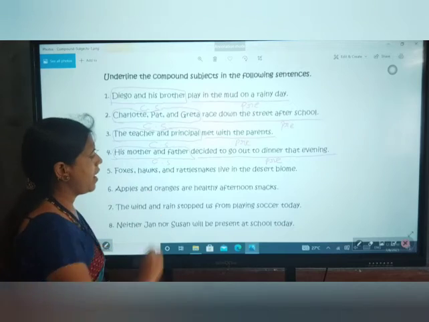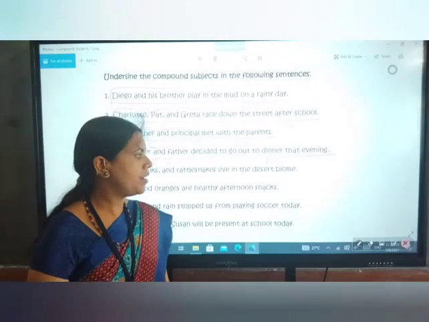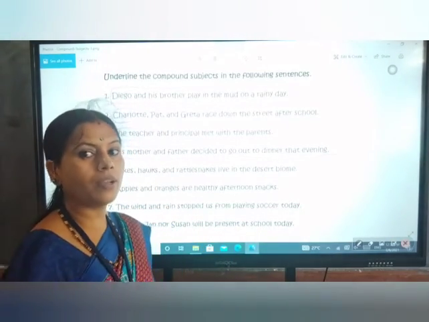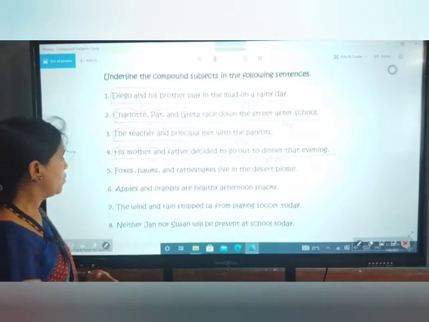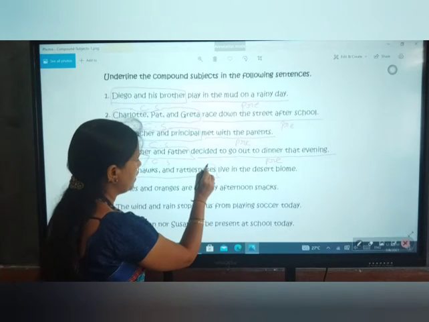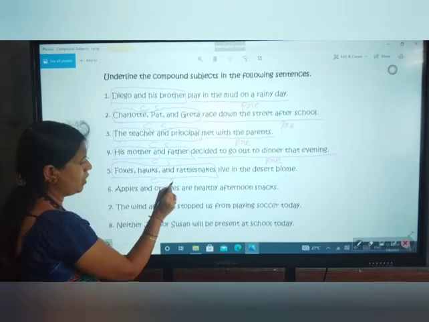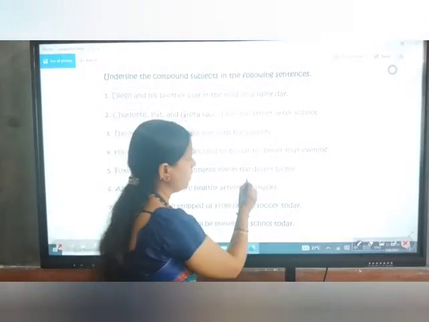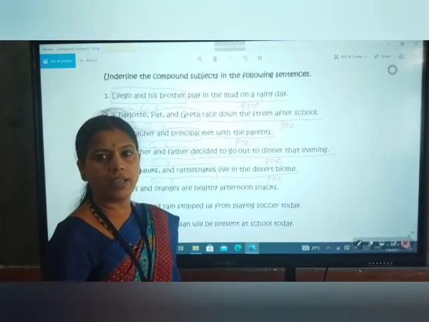Foxes, hawks and rattlesnakes live in the desert biome. Here also we are taking more than one noun, that is foxes, hawks and rattlesnakes. These are the nouns. So this one we can call as compound subject. And the remaining, live in the desert biome, we can call as predicate.